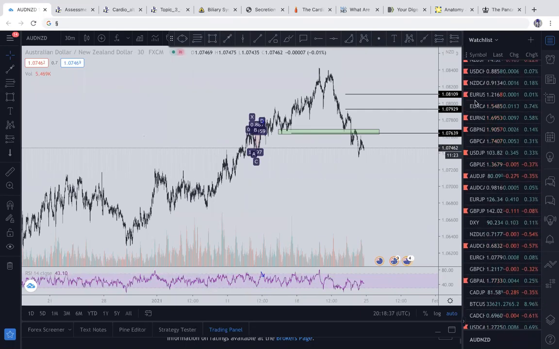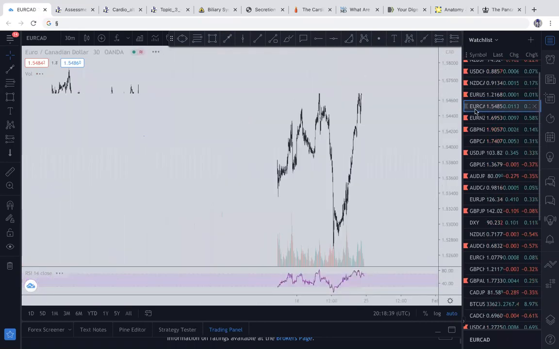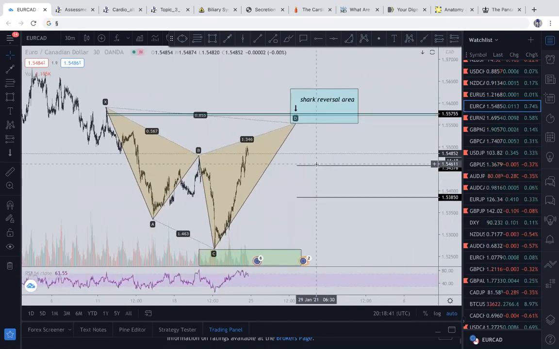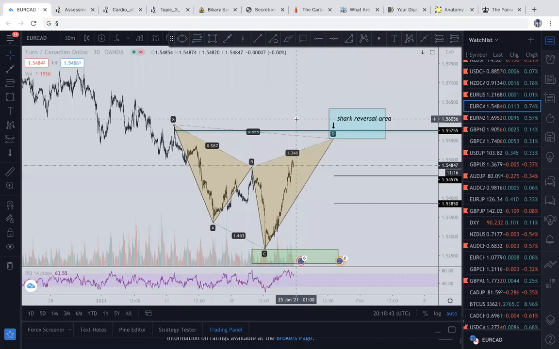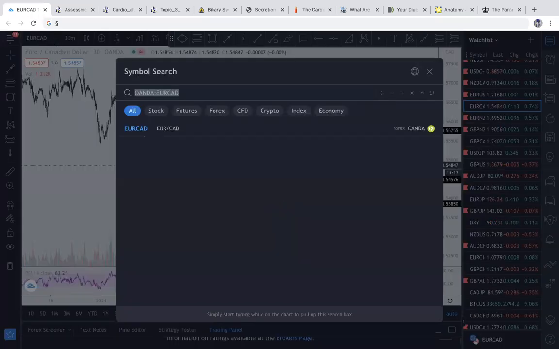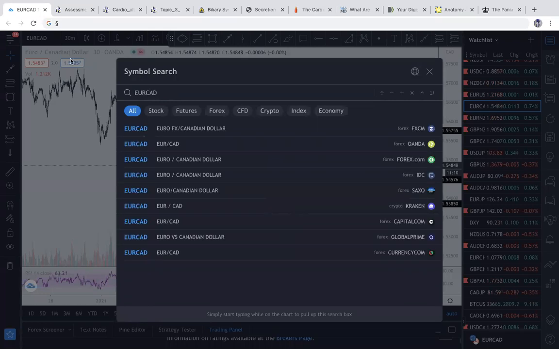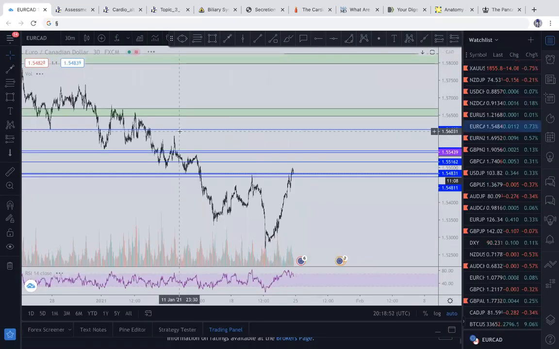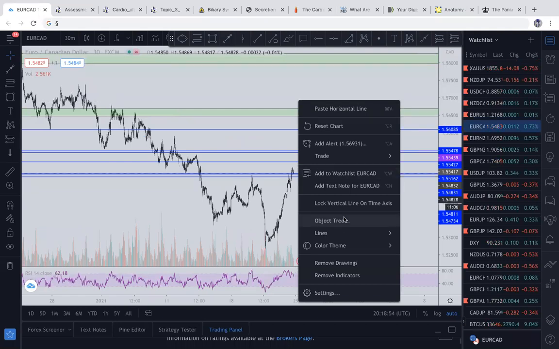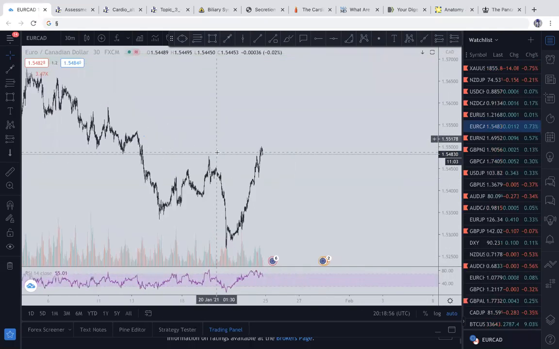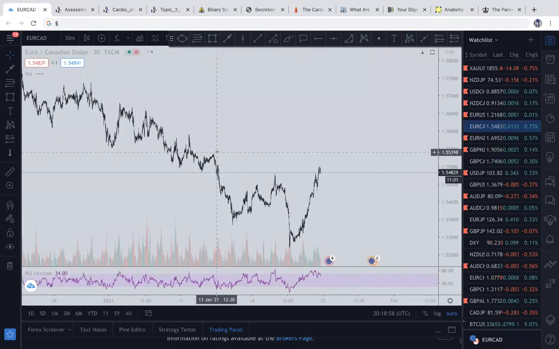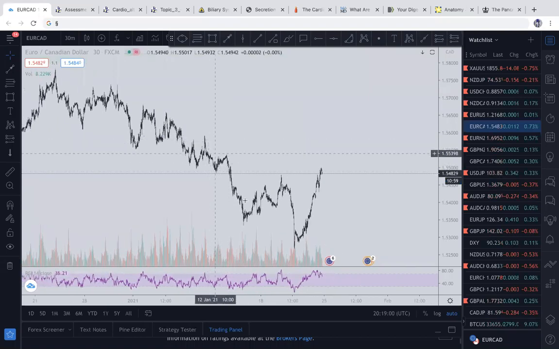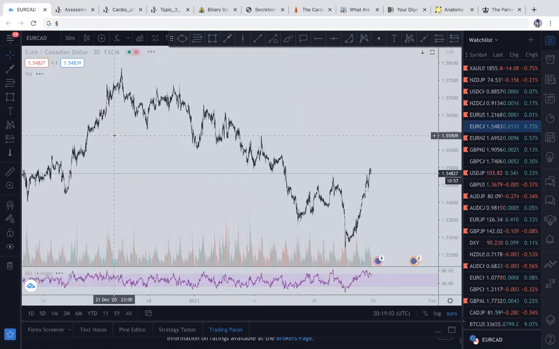Actually, let me pick a different Euro card. Pay attention to these areas, guys. Look at the waves that we were riding now.